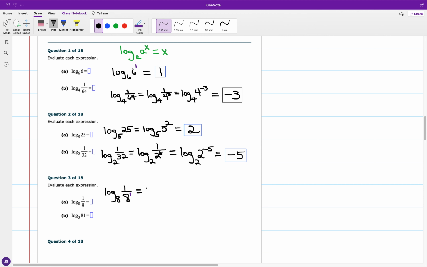Writing 1/8 directly in terms of base 8, 1 over 8 to the first is 8 to the negative 1. So the base 8 logarithm of 1/8 comes out to negative 1.